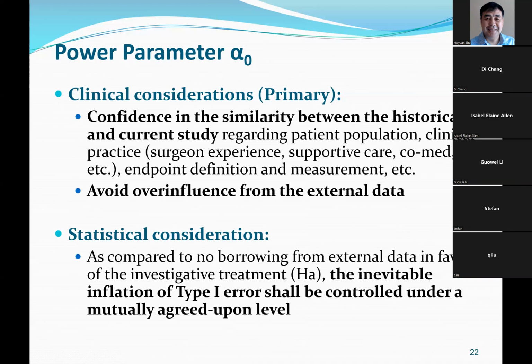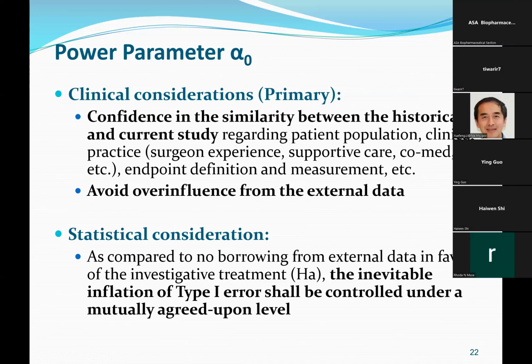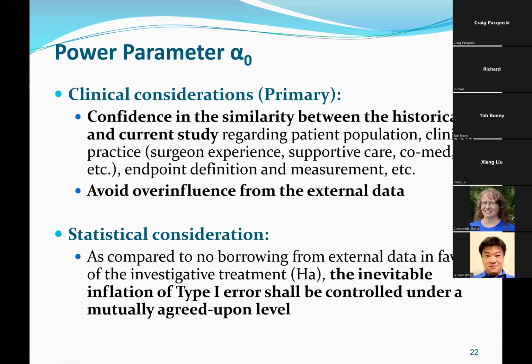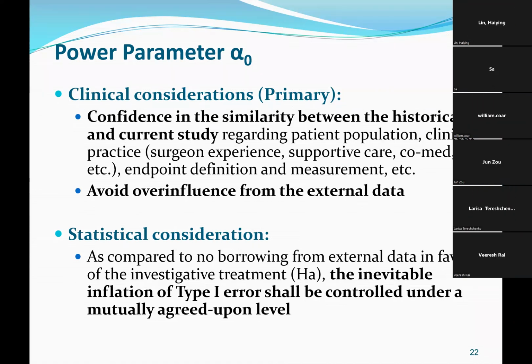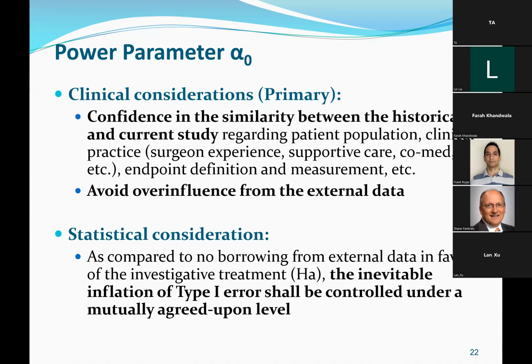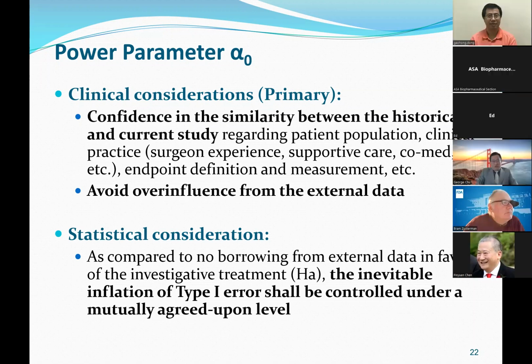But as long as we accept that level, that's one factor to drive the calculation of the alpha max. But first of all, we have to make sure the external data is clinically relevant and fit for use. So based on the clinical understanding of the target patient population and any major change to the device design, the basic idea is we have to avoid any over inference from external data.